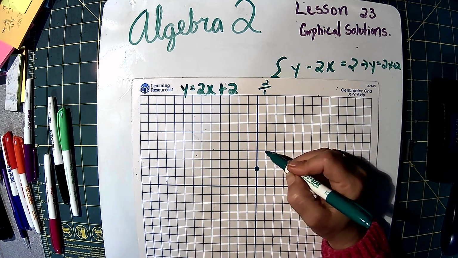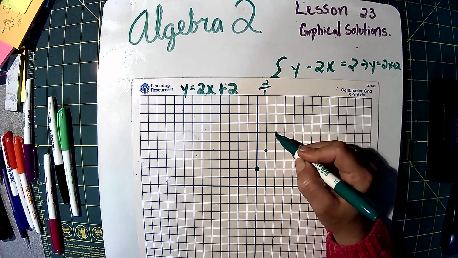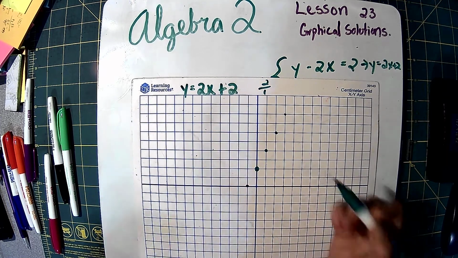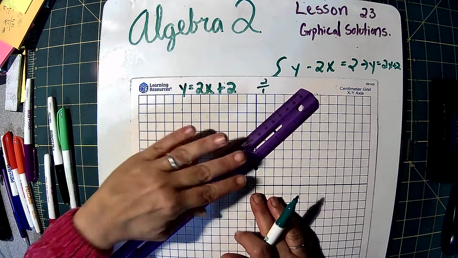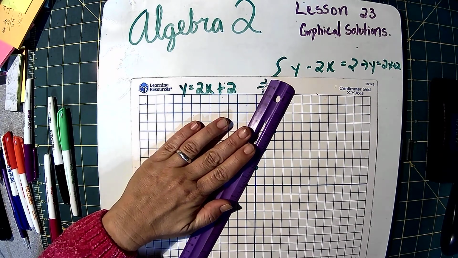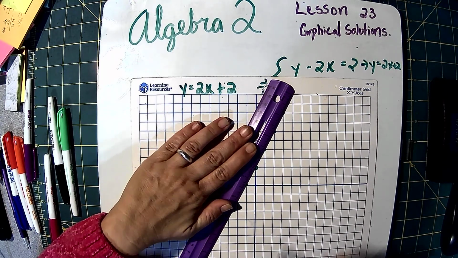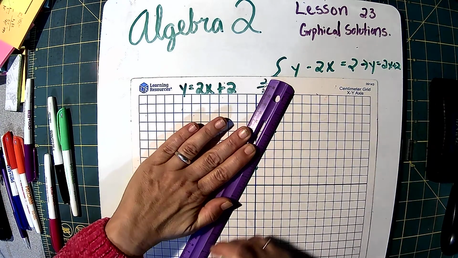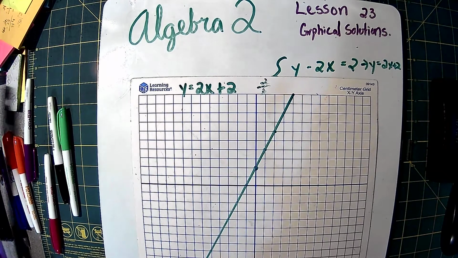So up 2 over 1, up 2 over 1, up 2 over 1, down 2, backwards 1, and we can draw that with our ruler. Make sure it lines up really good. Okay, so there's that one.